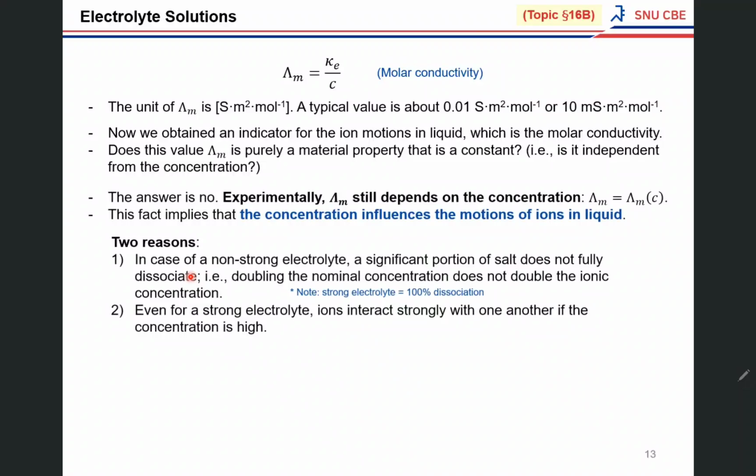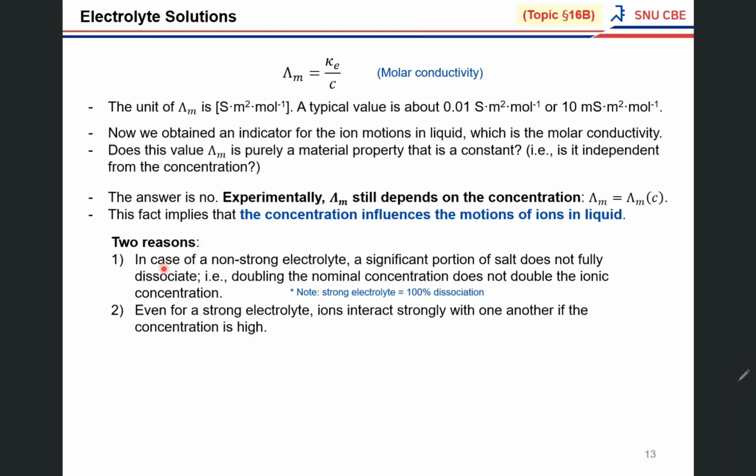But unfortunately, the answer is no. This molar conductivity still depends on the concentration, so it is a function of the concentration. This means that the concentration of the electrolyte, which is the ion species, influences the motions of the ions in the liquid phase. There are two reasons.